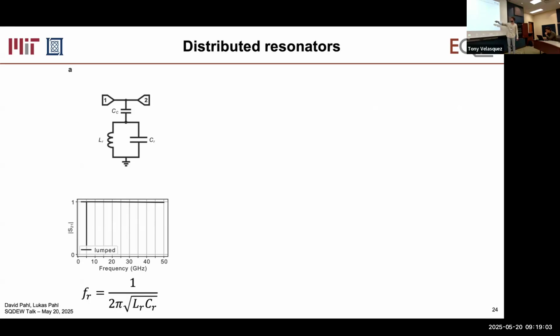And at resonance, you get a strong feature here. This resonance is set by the formula many of us probably know for an LC oscillator. I want to note that this is loaded by the capacitance, as has also been discussed. So this coupling capacitance also shifts it, but roughly we can really see that our simulation produces what we expect.